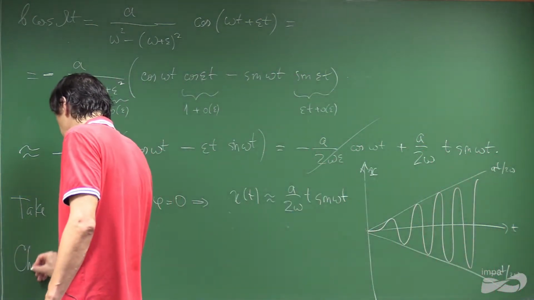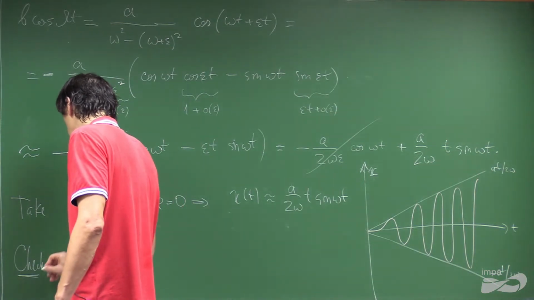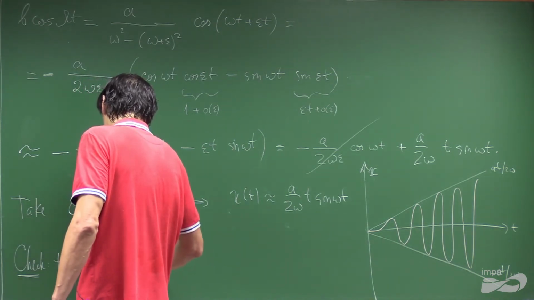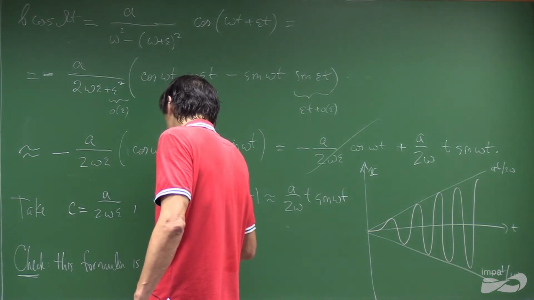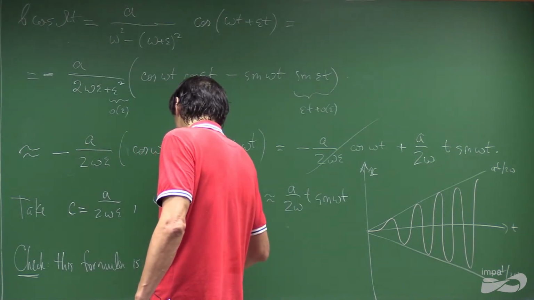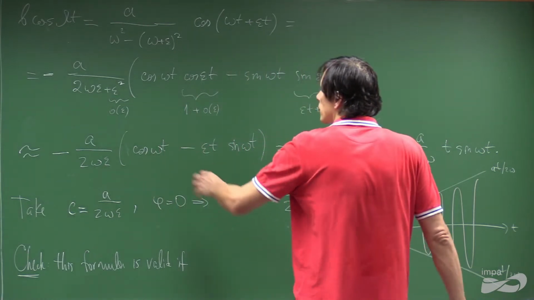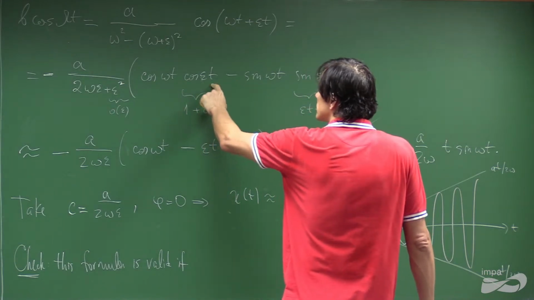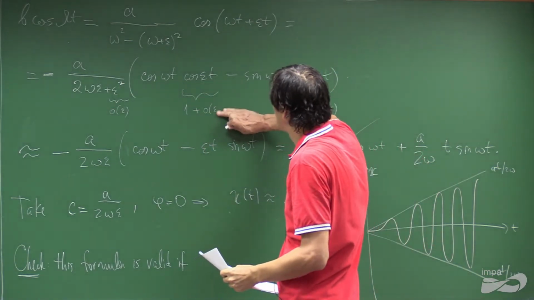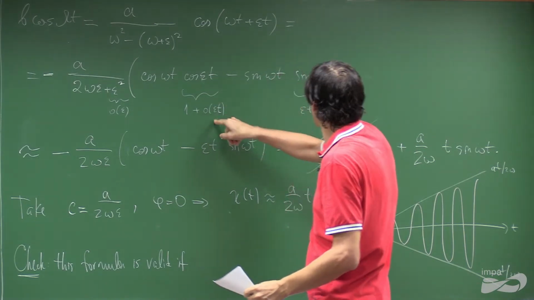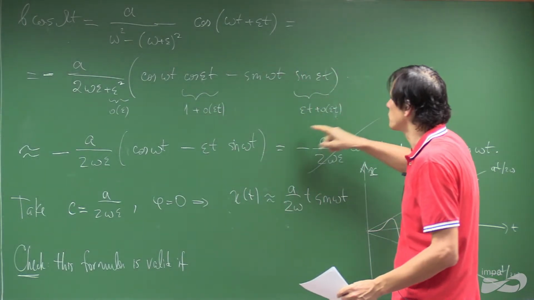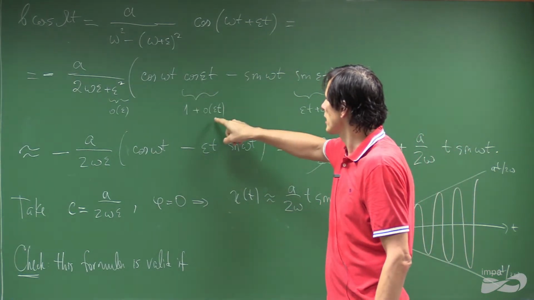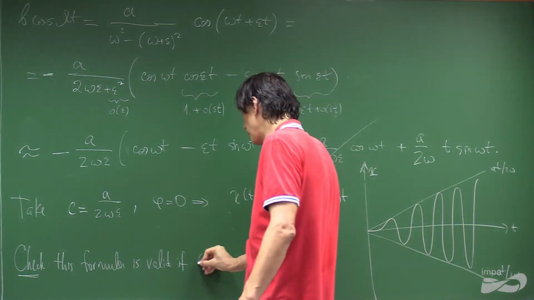What you can check is that this formula is valid if... So what we did, you see here epsilon was small, it's okay, but the important part was this epsilon t, because the real expansion is O of epsilon t. So what has to be small to make this step is epsilon t. So it's valid whenever epsilon t is small.